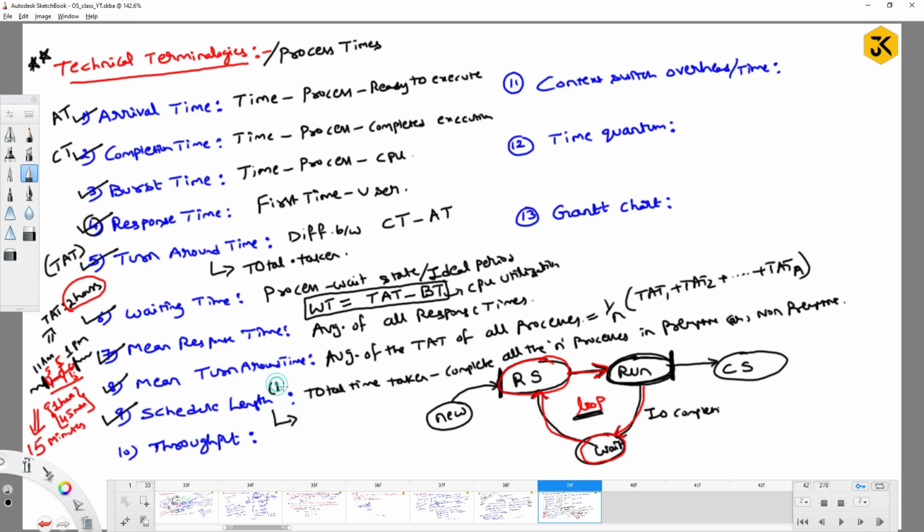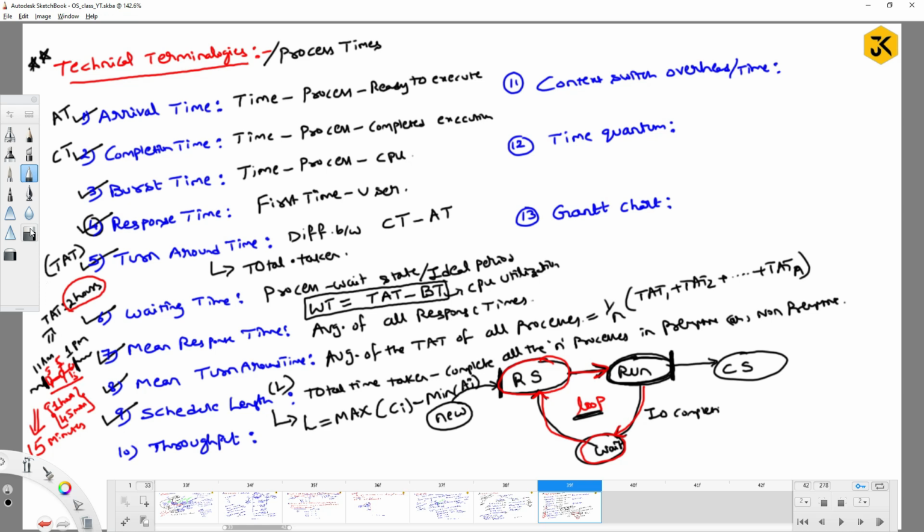Scheduling length can be written as L, where L equals the maximum completion time of a particular process, Ci, minus the minimum of arrival times of all processes.